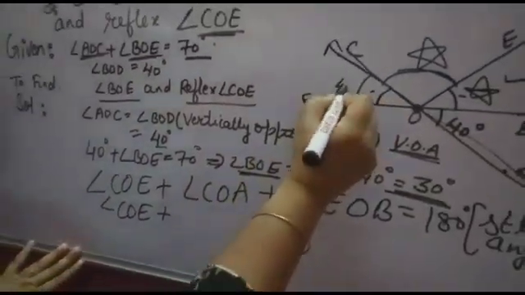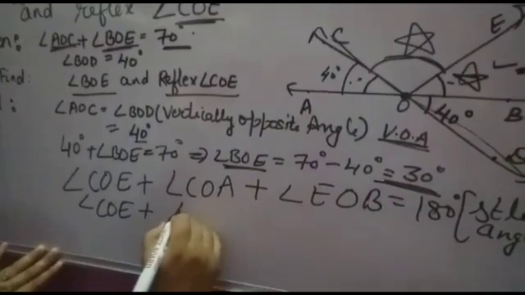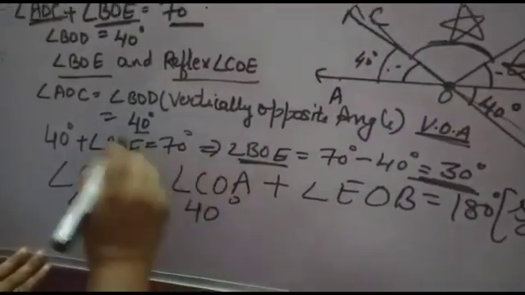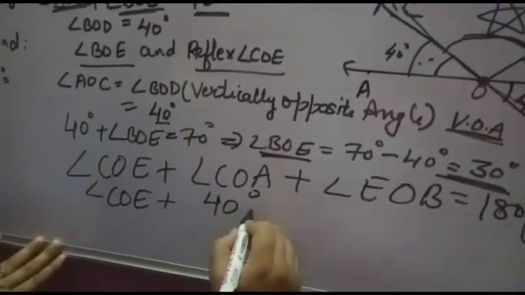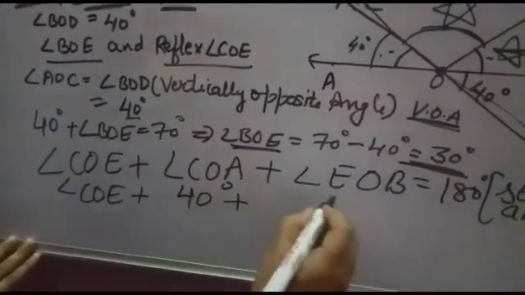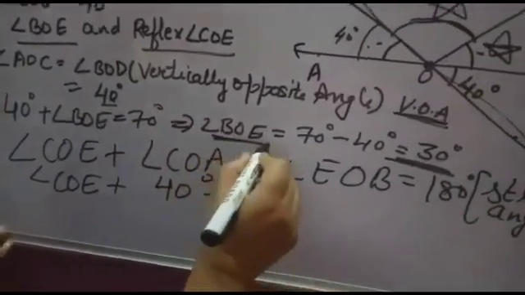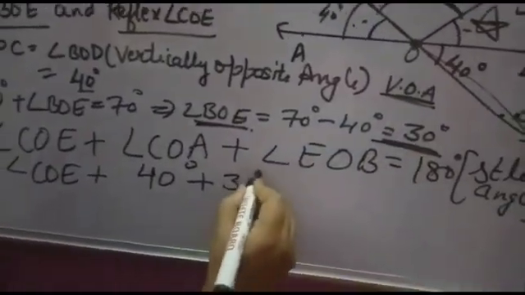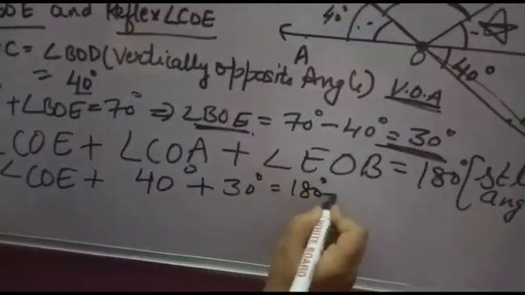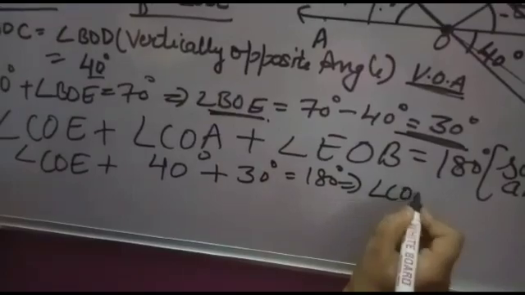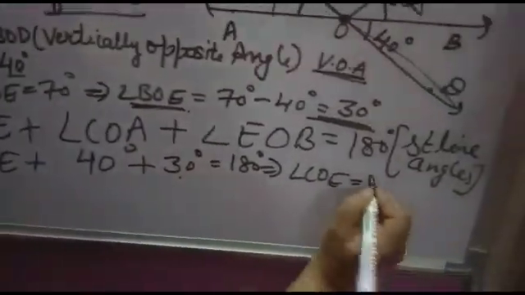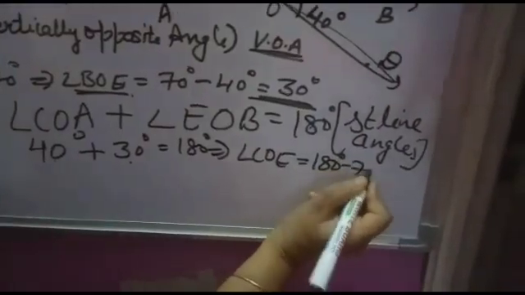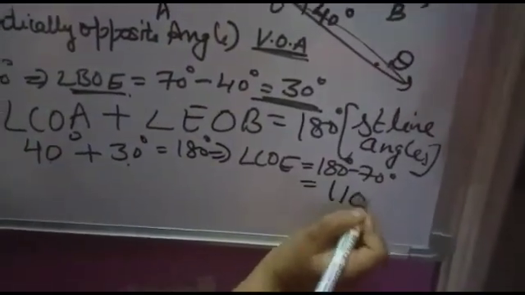COA is already 40 degrees because they are vertically opposite angles. AOC and COA mean the same thing, so you write 40 degrees here. EOB and BOE are the same thing, so it is 30 degrees. That implies angle COE is equal to 40 plus 30, 70. So COE is equal to 180 minus 70, that is 110 degrees.